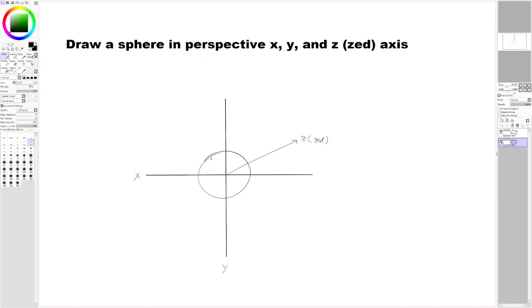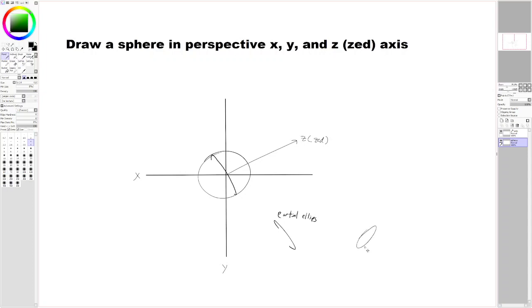But that's kind of how you would represent it. There are various ways that you can do it, and ways to show the curvature around the sphere that you want to do. I know it seems a bit simple, but it's just an ellipse, and by adding either a partial ellipse to it, or you could add a regular ellipse that you draw, that would work as well.